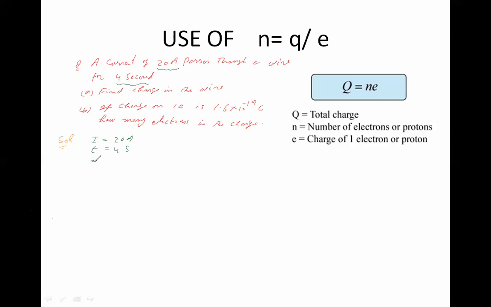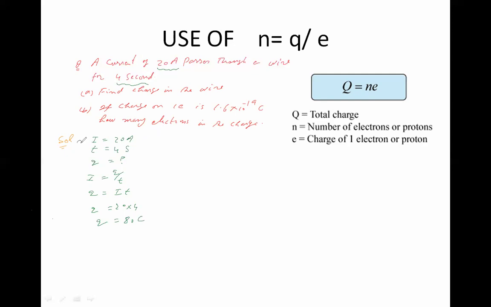And what is the requirement? Charge here. And you know the equation I equals Q over T. So Q equals I times T, that is 20 into 4. The charge is 80 coulombs. Okay, very clear.